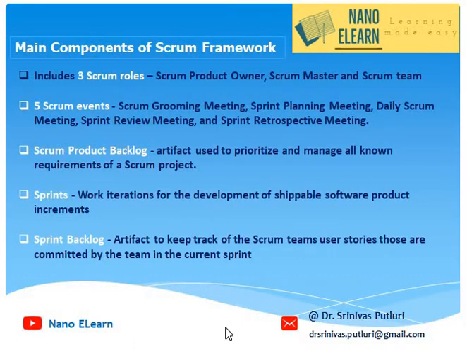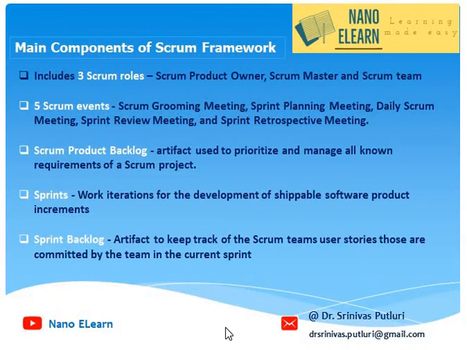Then let us see what are the main components of Scrum framework. The first component is 3 Scrum roles, which cover Scrum Product Owner, Scrum Master and Scrum Team, the key roles that are part of Scrum framework. The second component is 5 Scrum events.